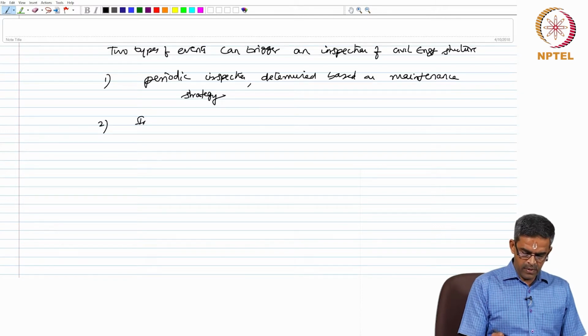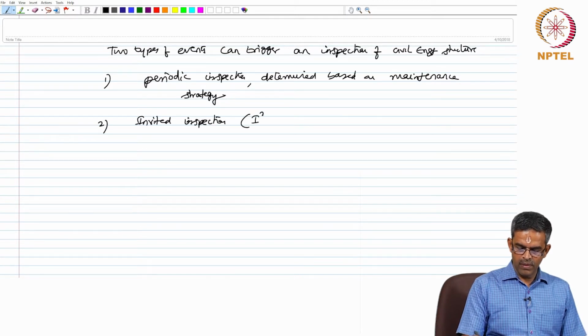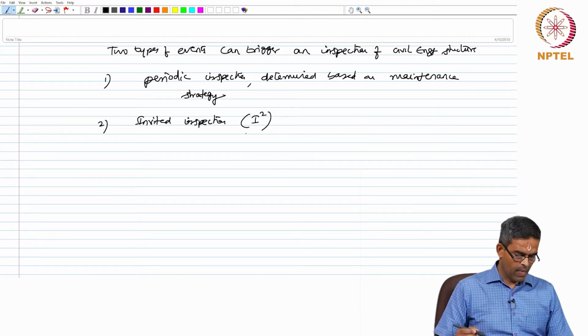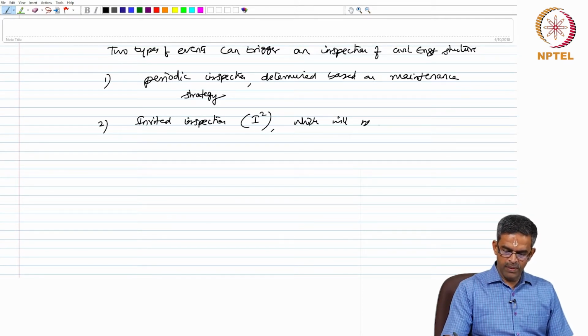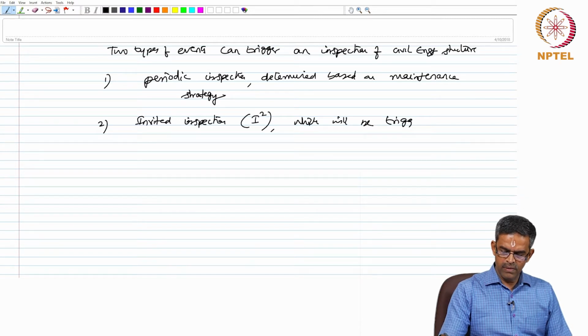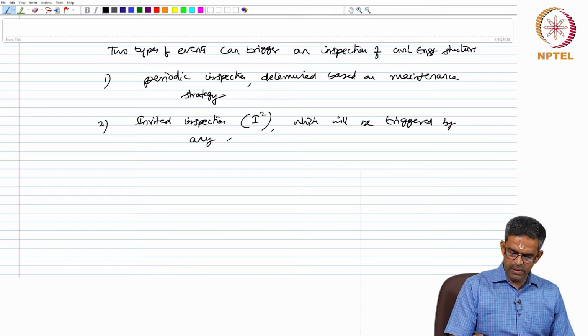Second is called invited inspection, which will be generally triggered by any external event.